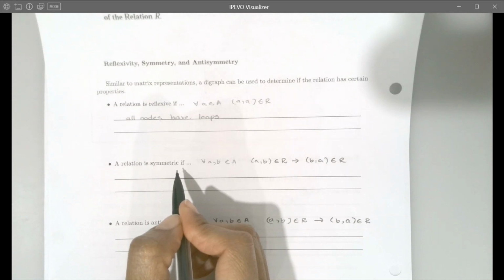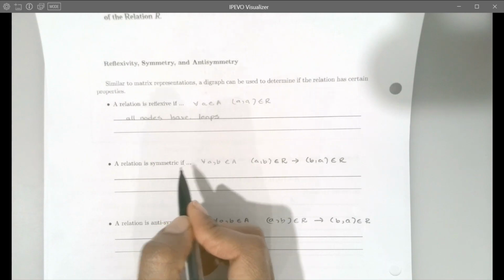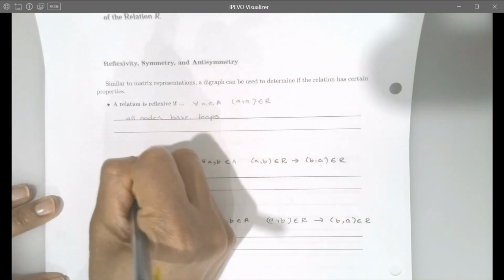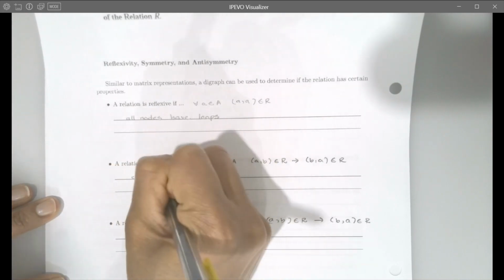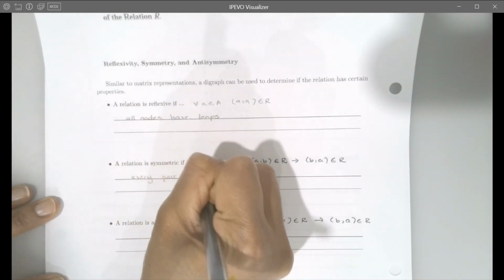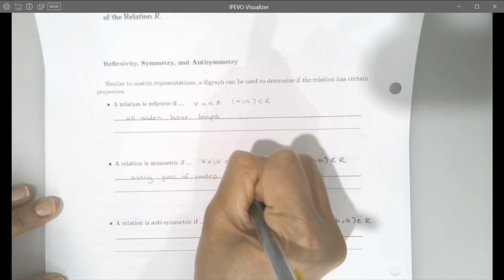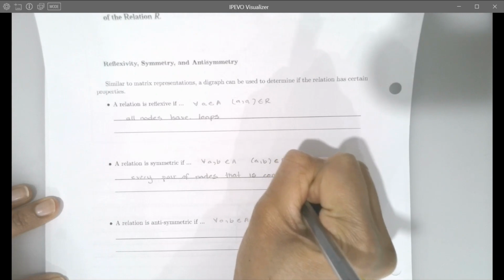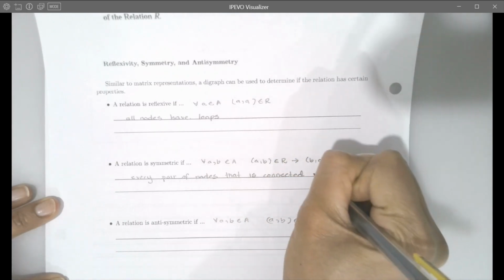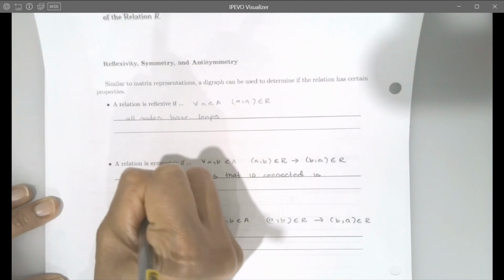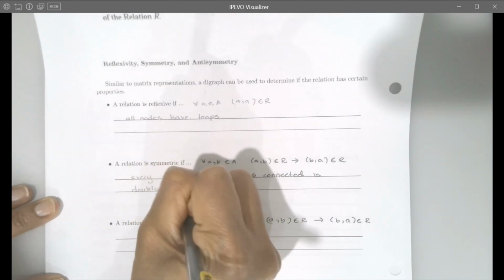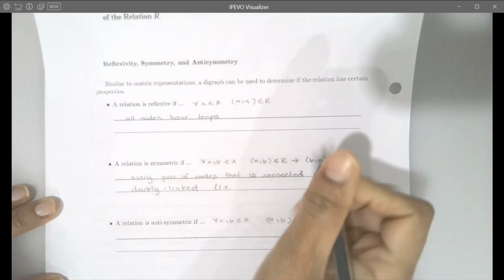Well, that means that whenever there are two vertices that are connected by an edge, there needs to actually be a double link, meaning there has to be two edges, one going, let's say from A to B and then from B to A. So a relation is symmetric if every pair of nodes that is connected is doubly linked, i.e., there are two edges connecting the two nodes.